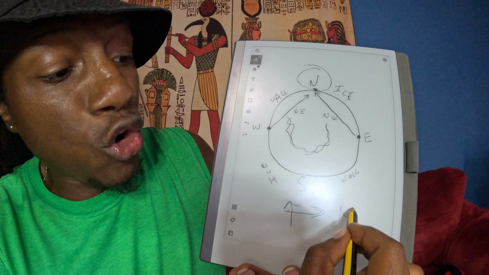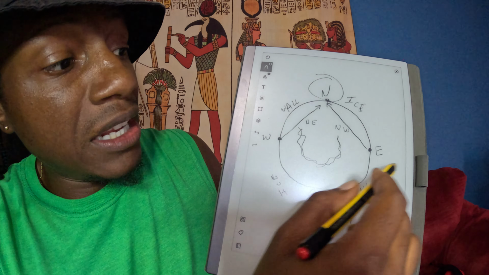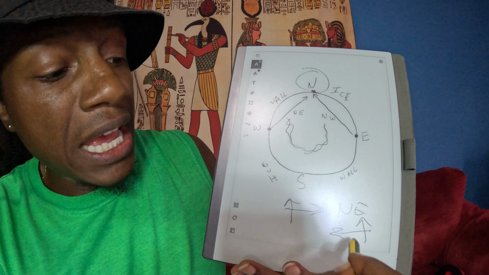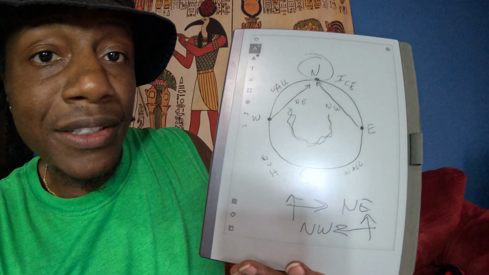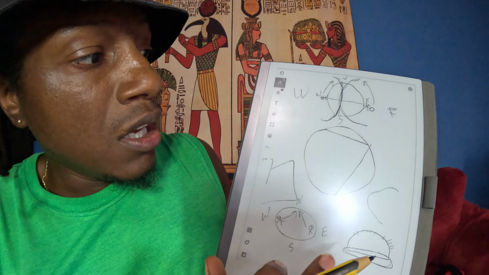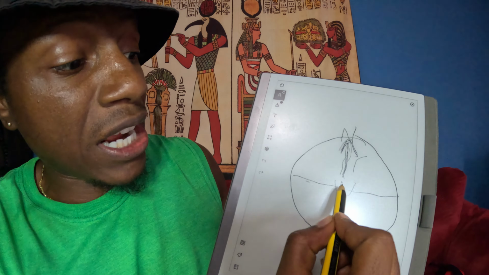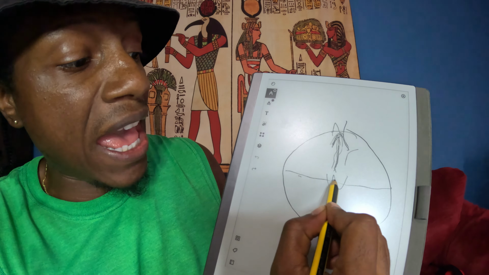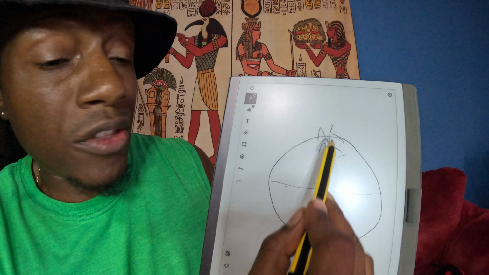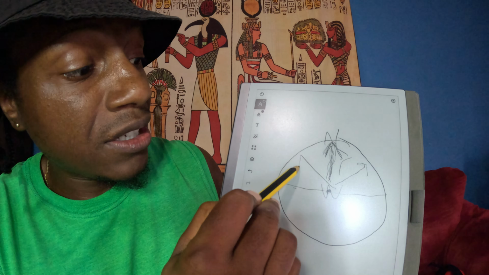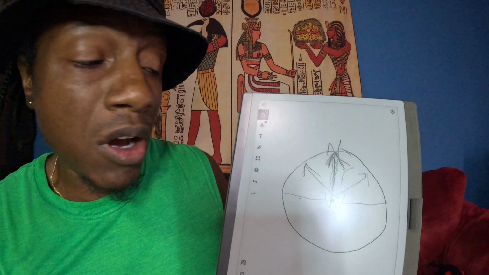So that would be northeast. And then from the other side, you will be going up and then over, and that would be northwest. You see? But on a sphere, if you stood directly at the equator and looked directly north and started walking that way, the only way to walk would be north. You wouldn't be doing this or this, because that's not going to lead you to the North Pole.